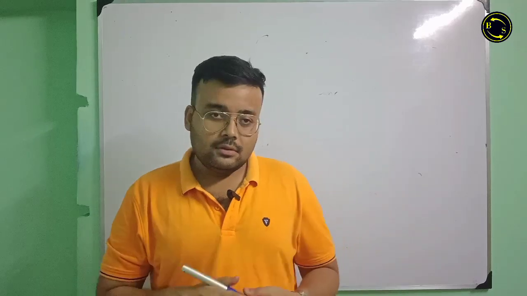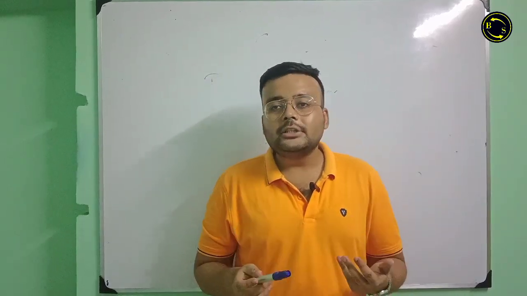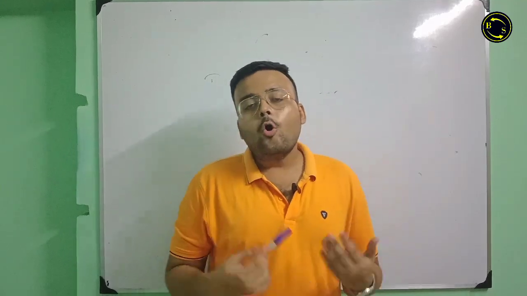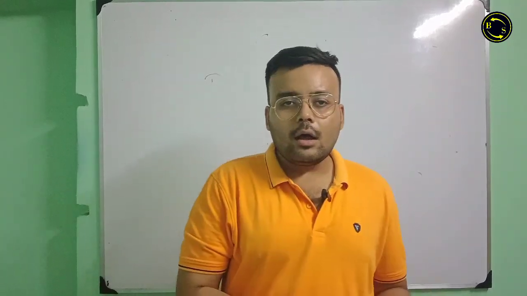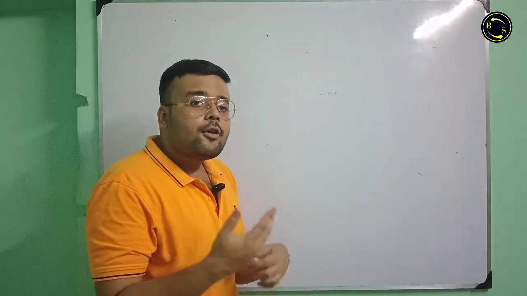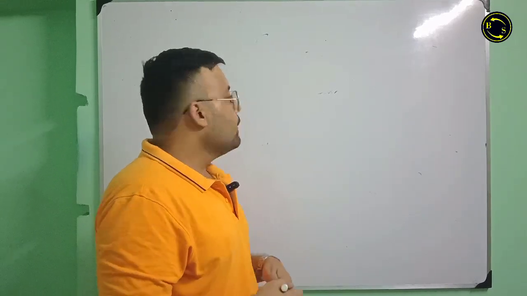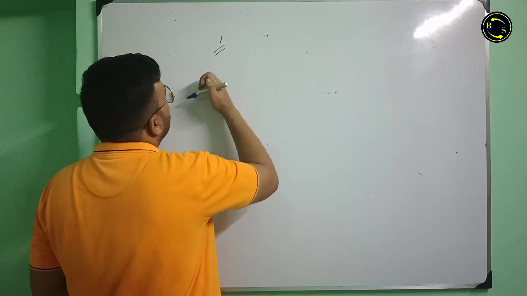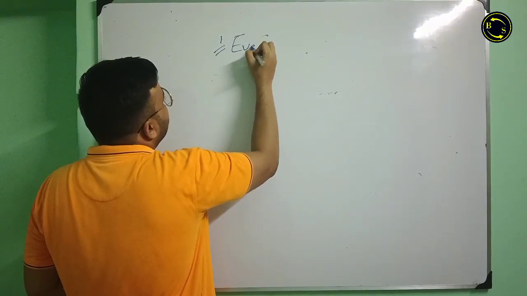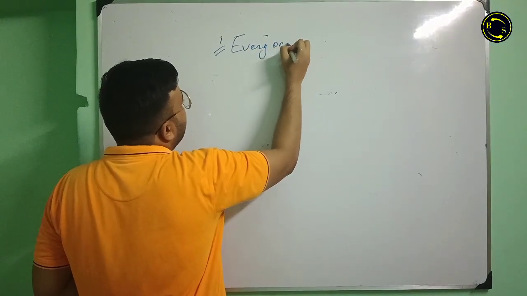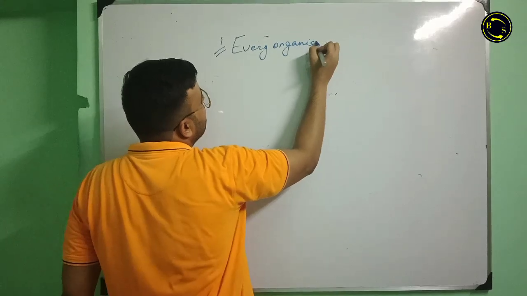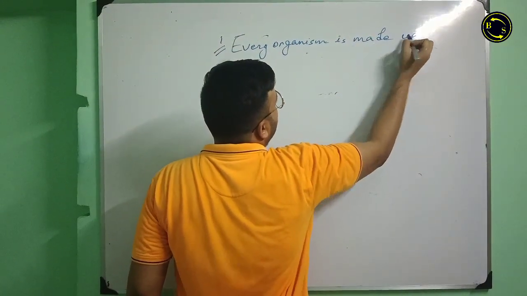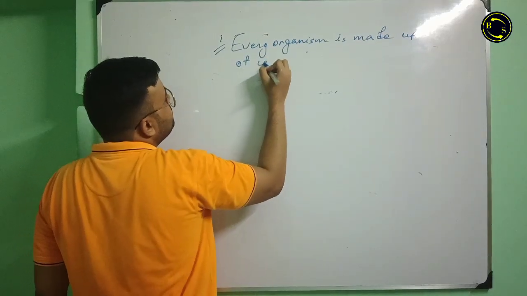Now, another scientist, Rudolf Virchow, added another postulate to this theory. He said, omni cellula e cellula. So, if we can write down all these steps, first, every organism is made up of cells.